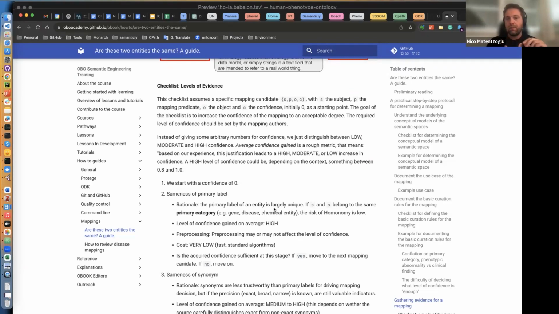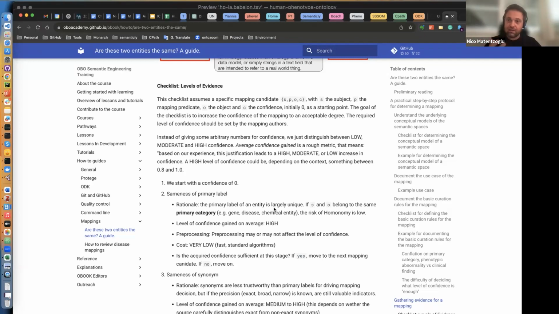So obviously there's a level of confidence that is induced by a particular justification. This is something that is reflected directly in the configuration of something like LexMatch, in particular the configuration of the synonymizer, where you can say things like, if you encounter a certain match, like a match on the primary label, this gives you that much confidence.